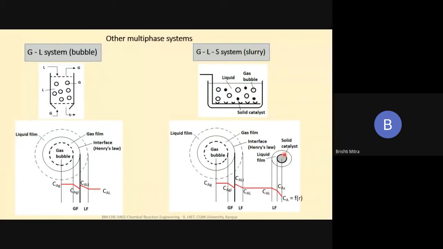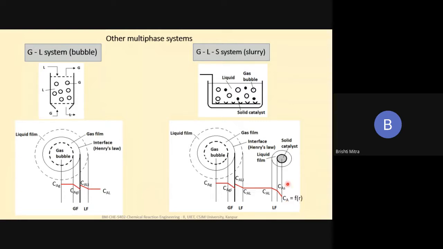This solid catalyst, however, is not non-porous. It's a porous catalyst, so material can go inside the catalyst pores. I'll describe this more later. Because it can go inside the catalyst pore, there's again a drop in concentration, which is a function of distance. So from CAS to CA, and CA changes along the radius.